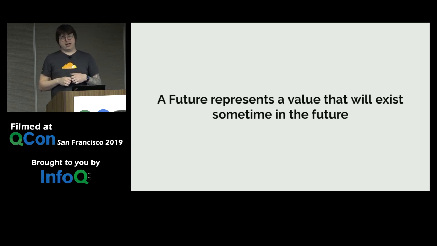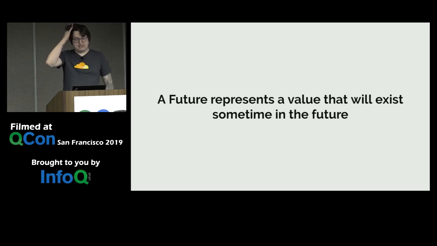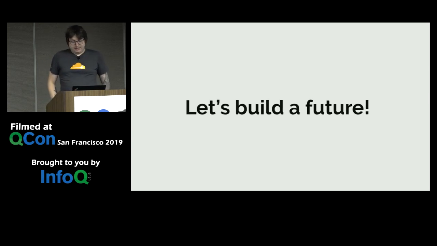And it'll either tell you it doesn't exist yet, check back with me later, or it'll say, yeah, it exists, here's the value. And that's kind of this core idea, and so that's the basic principle. And that lets us represent asynchronicity in a way that works really well with everything else. So the first thing we're going to do is build a future.